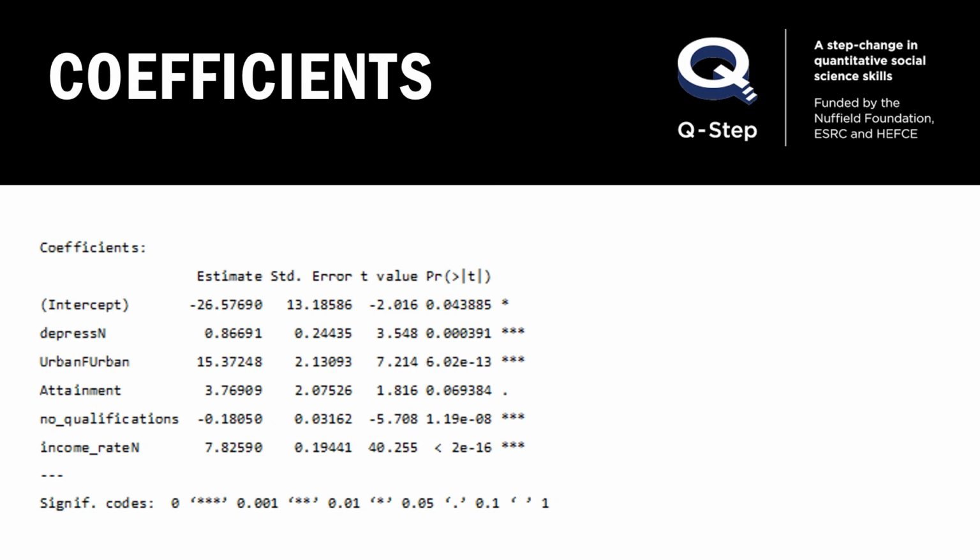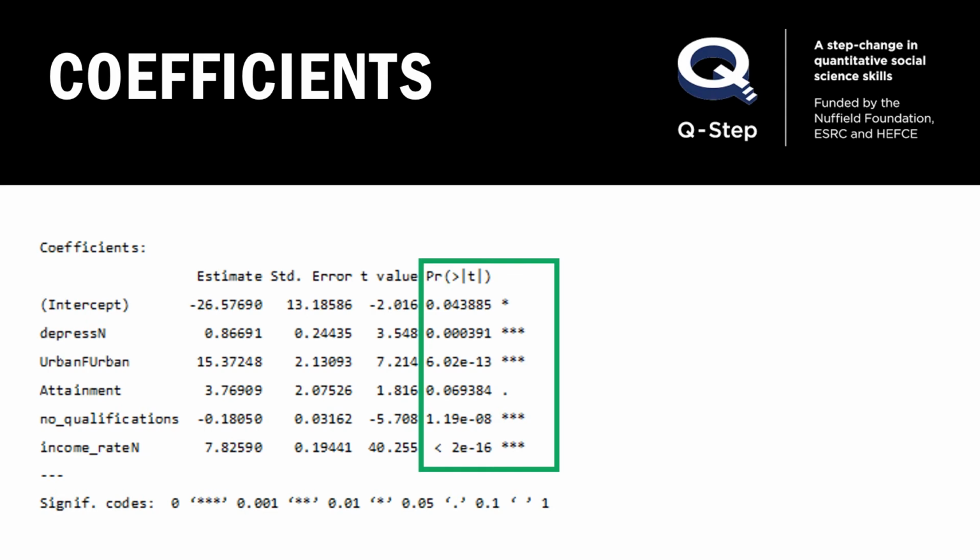So next we have the coefficients. Firstly we check the p-values for the predictor variables, again, if under the 0.05 threshold, if we are using the 95% confidence level. By checking those p-values, all the predictors are statistically significant in explaining alcohol-related hospital stays, except the attainment variable.